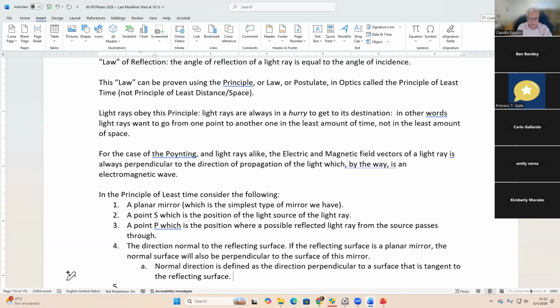Normal direction is defined as the direction perpendicular to a surface tangent, okay, to the reflecting surface.